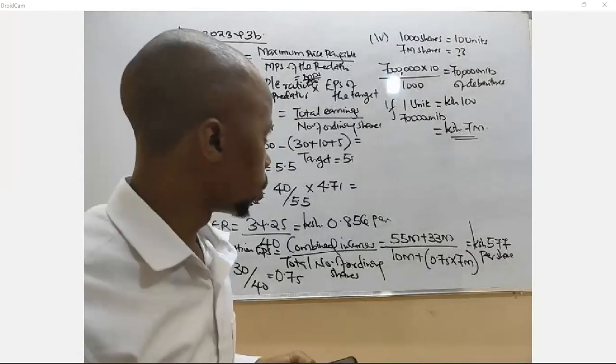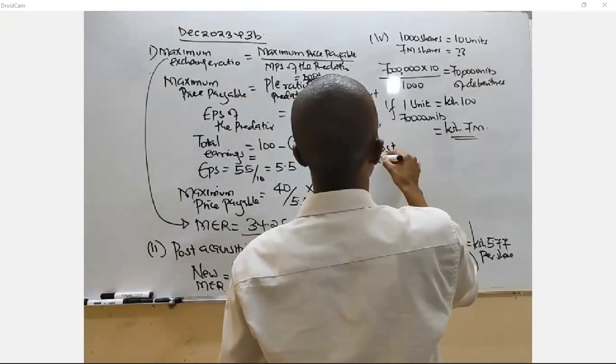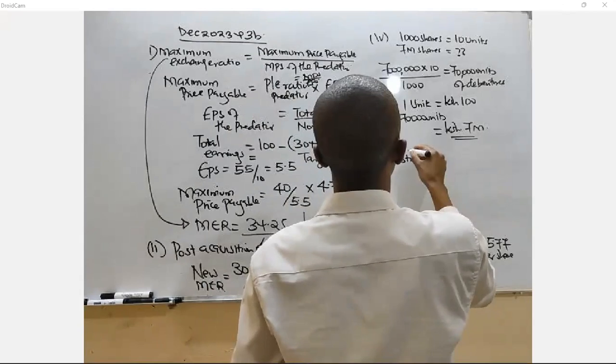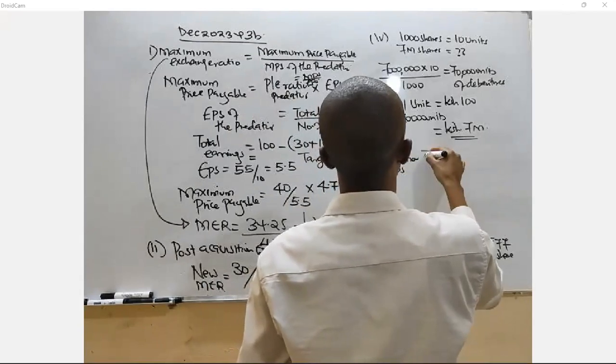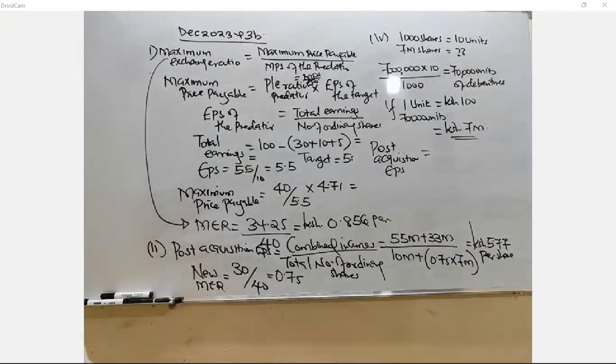There is a formula I just want to write here. Post-acquisition earning per share. Allow me to check on it because I like to give you the correct one.